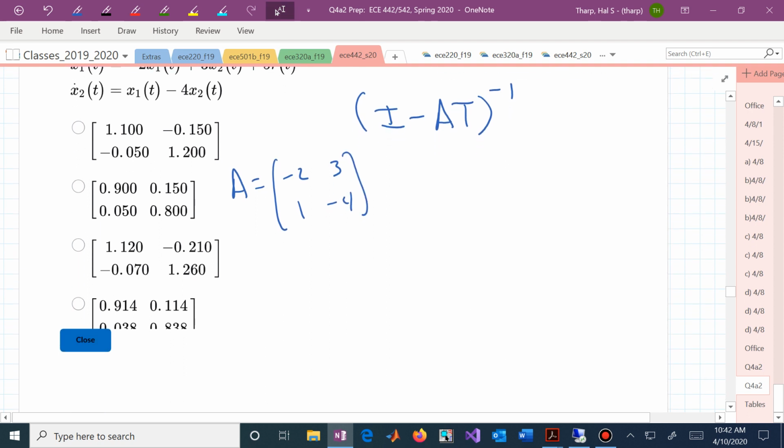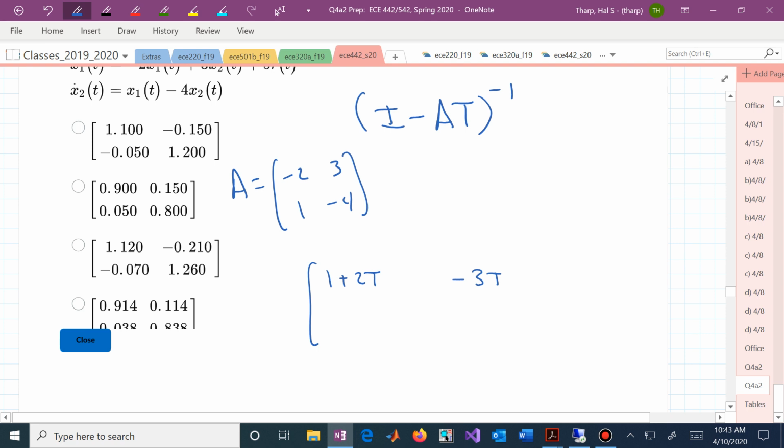And what I was wanting you to be able to do is invert a 2 by 2 matrix. I now have 1 minus minus 2, and this A is scaled by T, so this now is going to be a T. Then I have a minus 3T.